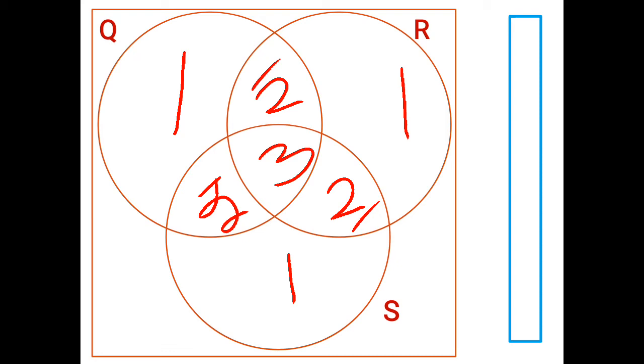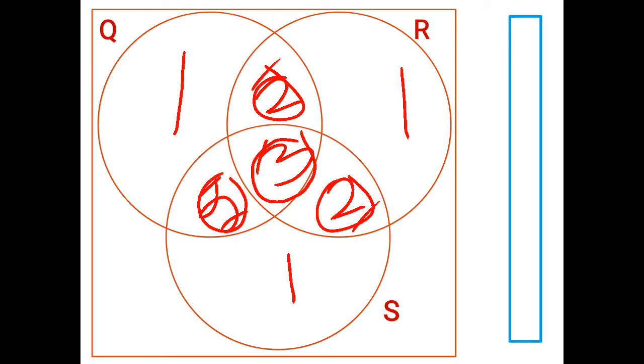So those who read 2, take them, and then take those who read 3. So after I've taken all the sides that read 2, I take the side for 3 as well, because it says at least 2. So 2 and above. But because you are dealing with only 3 sets, it's going to be 2 and 3. So I take 2 plus 2 plus 2, because all these regions are for 2 subjects, and then plus the 3, because that is for 3 subjects.